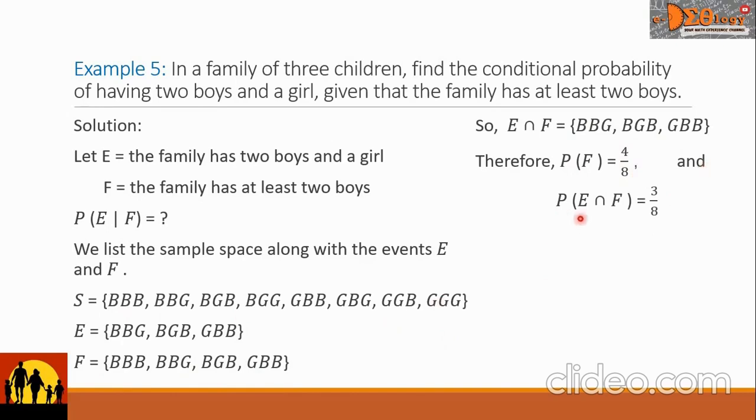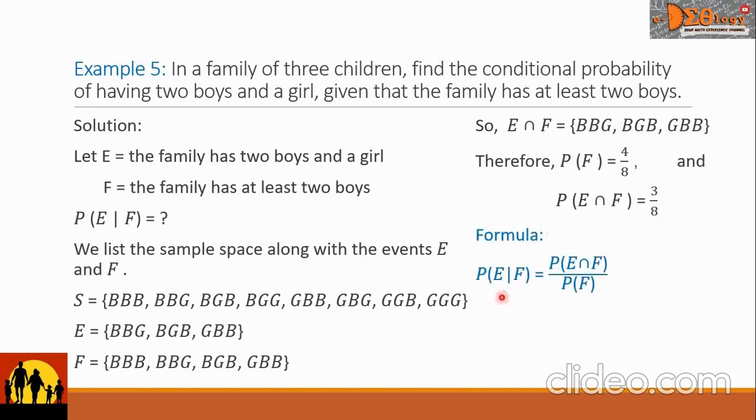And the P of E intersect F equals 3 over 8. We write here 3 because there are 3 elements in our E intersect F, over 8 because again there are 8 elements in the sample space.